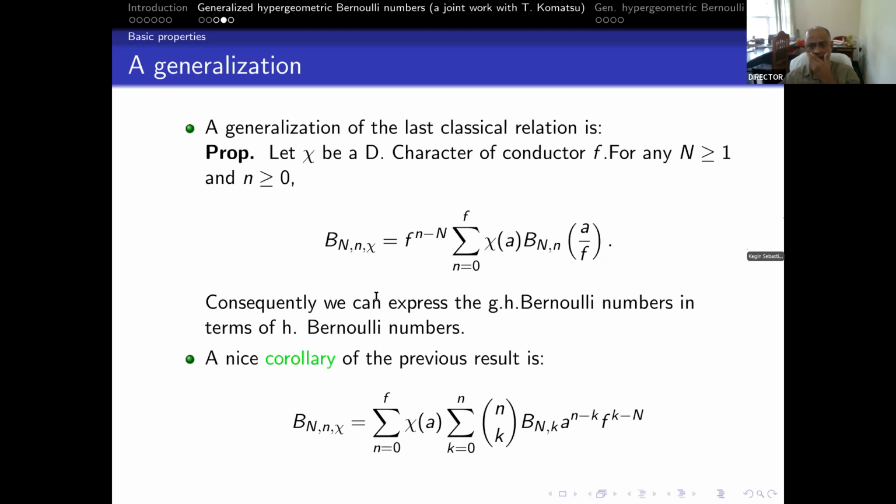A nice corollary comes out from there: the generalized hypergeometric Bernoulli numbers B_{n,N}(χ) in terms of hypergeometric Bernoulli numbers. So these are hypergeometric Bernoulli numbers, and on this side you have the generalized one that we have introduced. If you want to write it more cleanly, this is the expression that you get. This is a simple corollary from here.